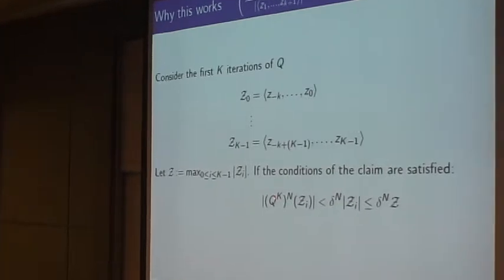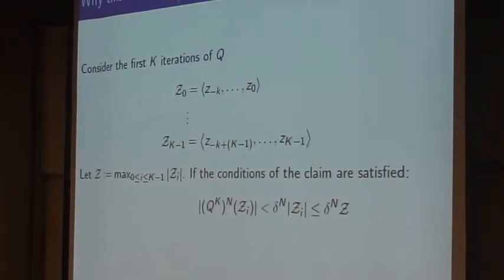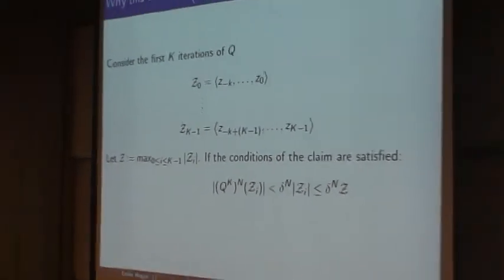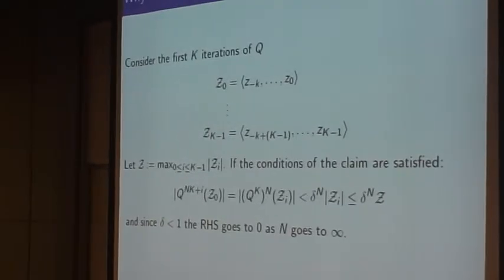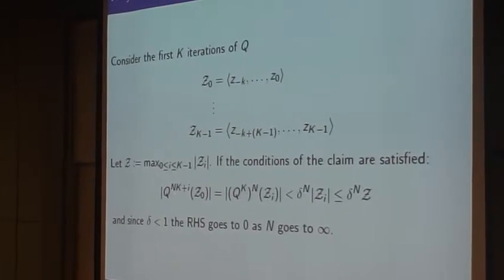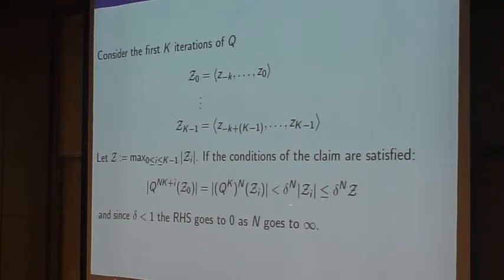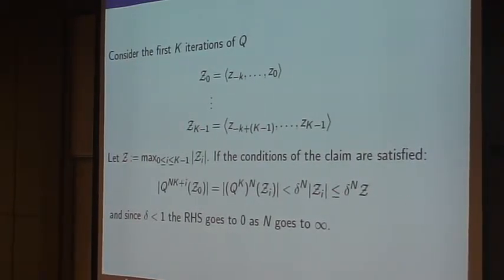If we iterate this q to the k n times on any one of these, this is less than delta to the n times the norm of this one, which of course is less than this. And each z_i is really just q to the i of z_0. So we can have the norm of q to the nk plus i of z_0. And since delta is less than 1, the right-hand side goes to 0, and we have the convergence that we want.